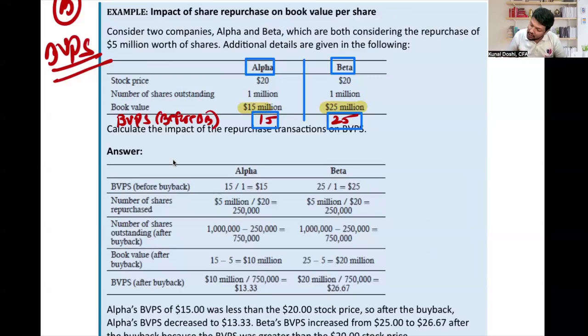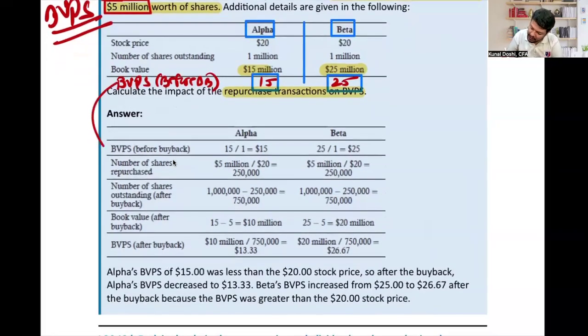Calculate the impact of the repurchase transaction. Consider two companies, alpha and beta. Both are considering the repurchase of 5 million worth of shares, everyone. Before buyback, they've given me the book value of 15 and 25.